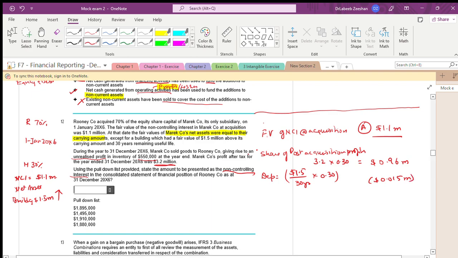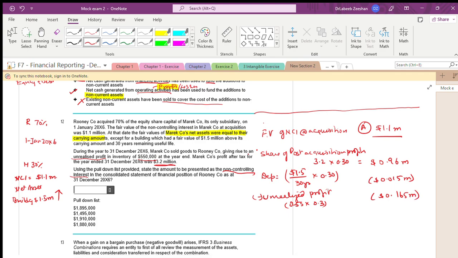You have unrealized profit also. How much is the unrealized profit? 0.55. Then 0.55 into 0.3. How much will you get? 0.165.